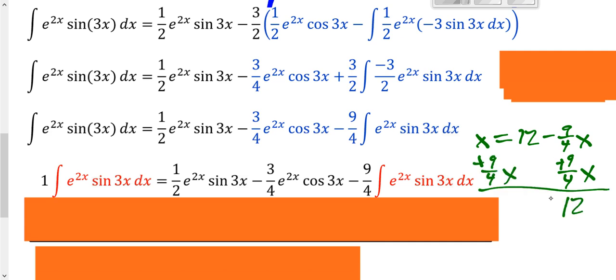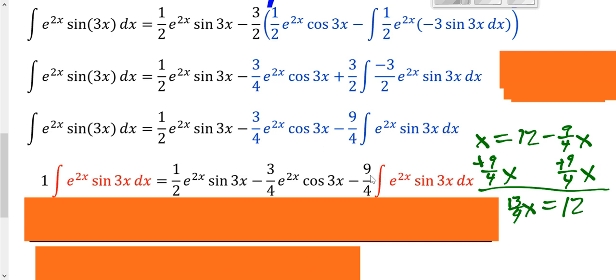To try to go ahead and solve it, to get all the x's on the same side, and 13 over 4x. And then you go ahead and try to get rid of that timesing by 13 over 4 by doing some division. We're going to do the same thing here.